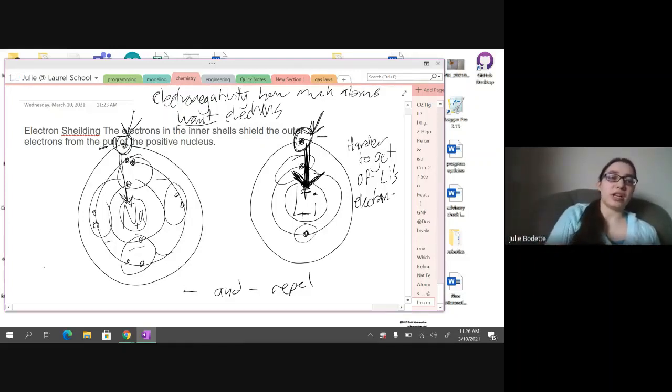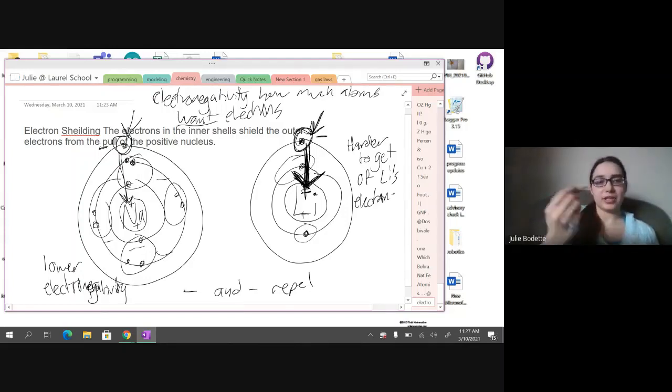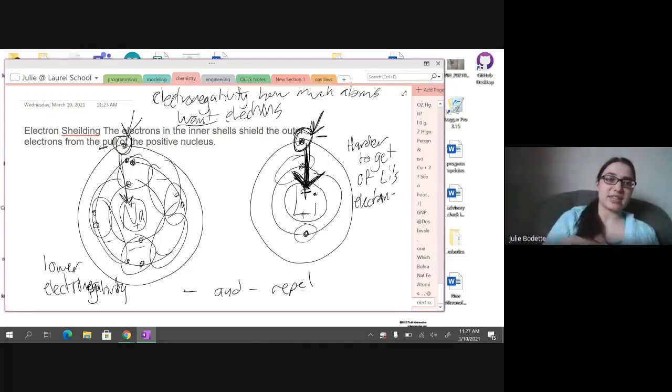But sodium is going to have the lower electronegativity. Because again, these guys in particular don't want electrons, but sodium would want them even less than lithium because not only do they both have one valence electron, but sodium's got all of this negative charge, right? So it's really not pulling in those electrons that strongly. So it's going to sort of want electrons less because of all of this electron shielding, all of this negative charge here.